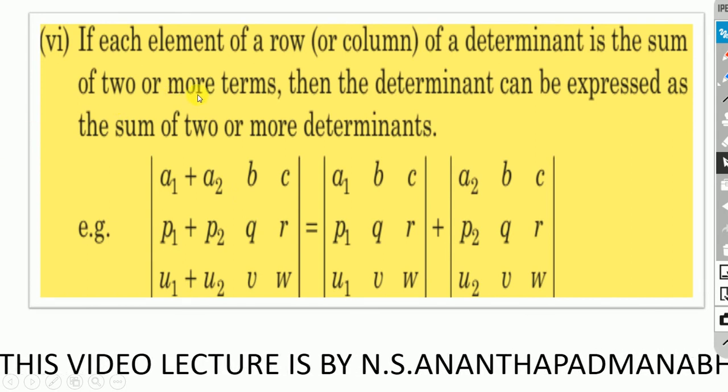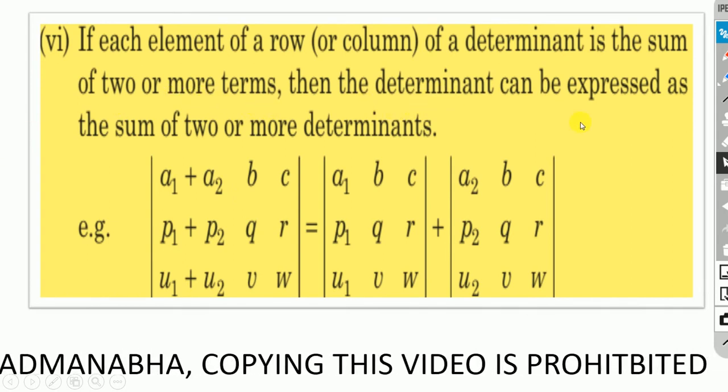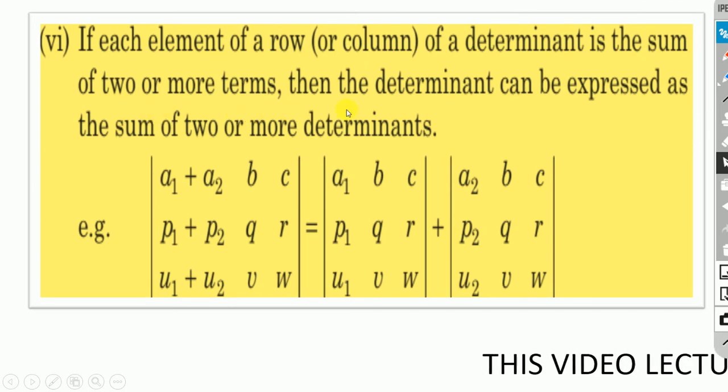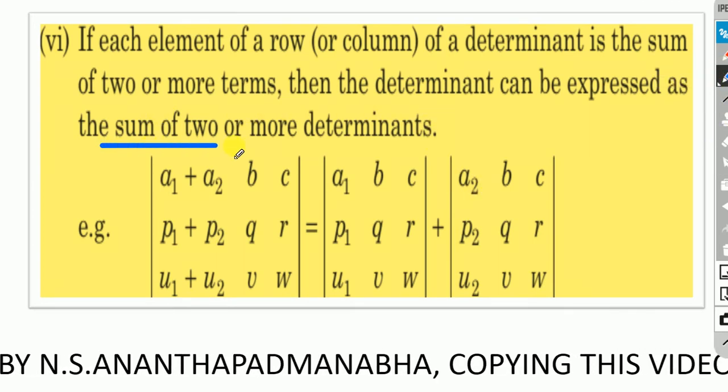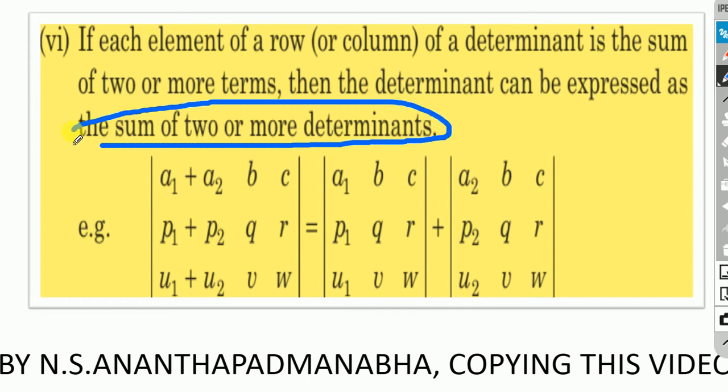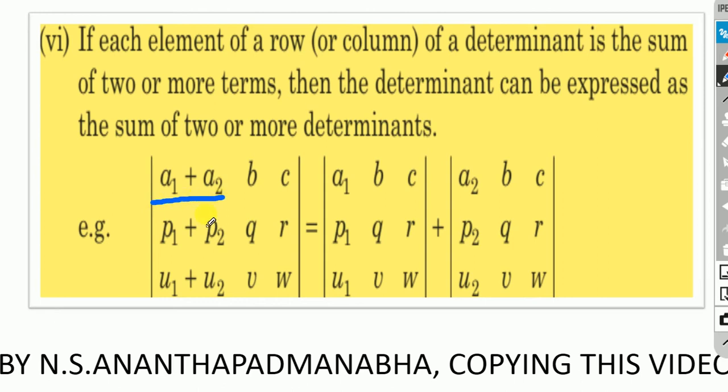The next property is, if each element of a row or column of a determinant is the sum of two or more terms, then the determinant can be expressed as the sum of two or more determinants. Here is an example. The first column is the sum of two elements: A1 plus A2, P1 plus P2 and U1 plus U2.